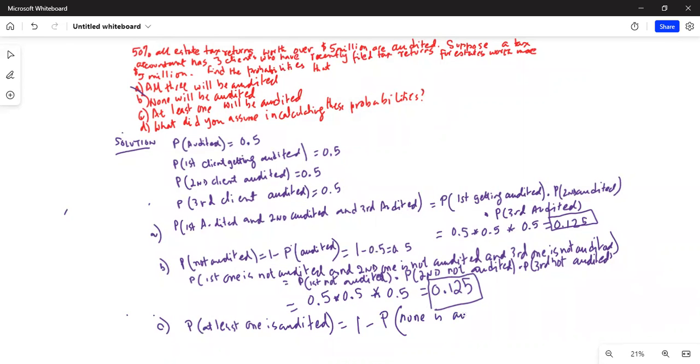That means the first one is not audited, the second one is not audited, and the third one is not audited.